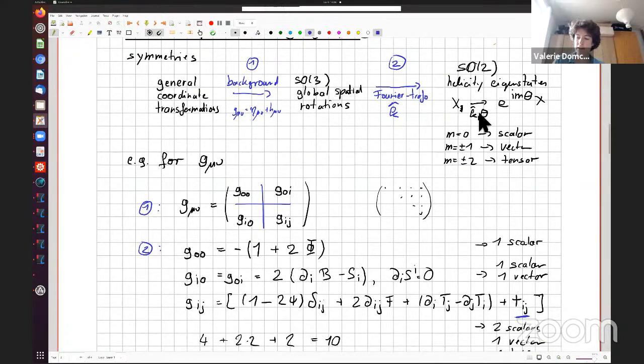But these helicity states tell you that if I do a spatial transformation, say this SO2 rotation, then some objects will transform under this SO2 rotation, and other objects will not transform.